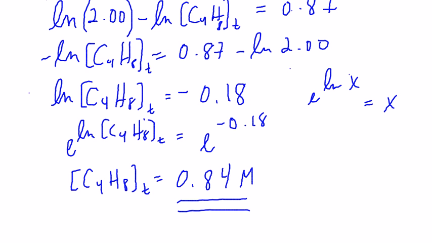This is the final answer, and there's your example of how to use the integrated rate law. We're going to do one more in another video about how to use it specifically for half-life.